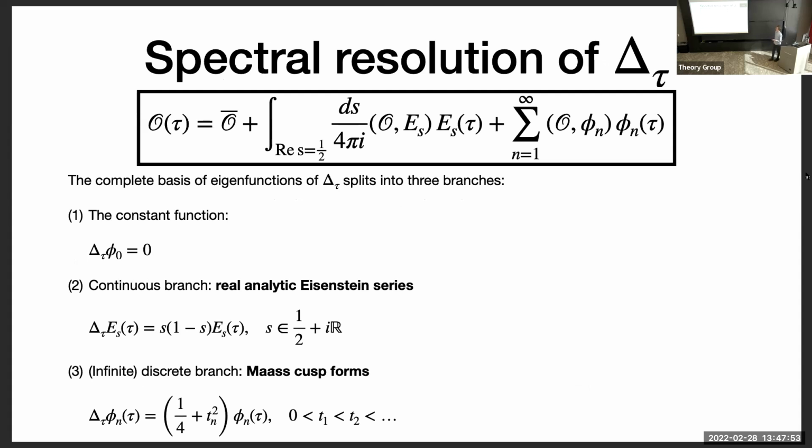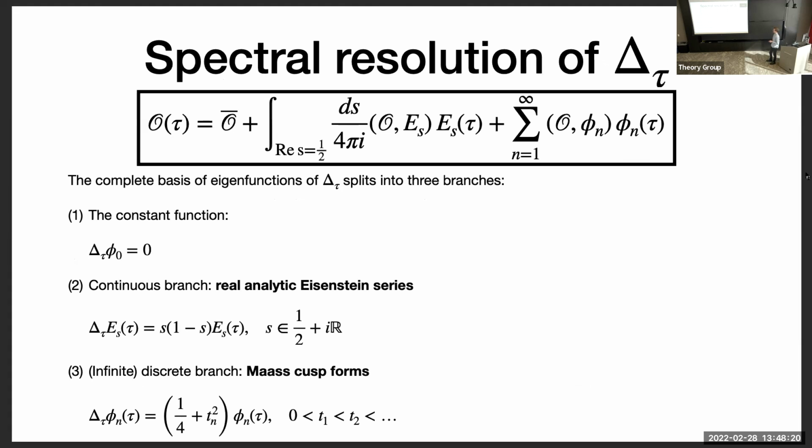Okay, so here's the basic idea. I decompose the observable into these three branches of the complete basis of eigenfunctions. So first, there's the constant with eigenvalue 0, obviously. I'll elaborate more on each of these in a second. Second, there's a continuous branch, which is spanned by these funny functions that are called the real analytic Eisenstein series.